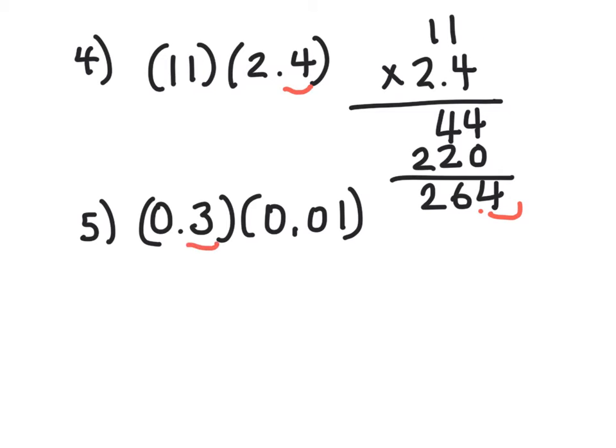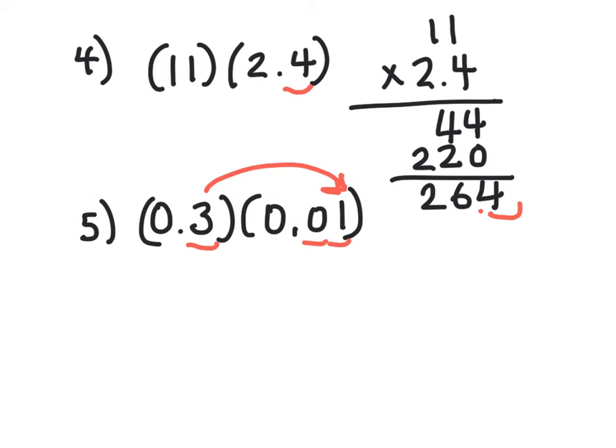3/10 has one decimal place, and 1/100th has two decimal places. So our answer is going to have 3 decimal places. Now, instead of lining these up and multiplying them like we did the previous examples, we can take a little bit of a shortcut, because the only non-zero factors we have are 3 and 1.